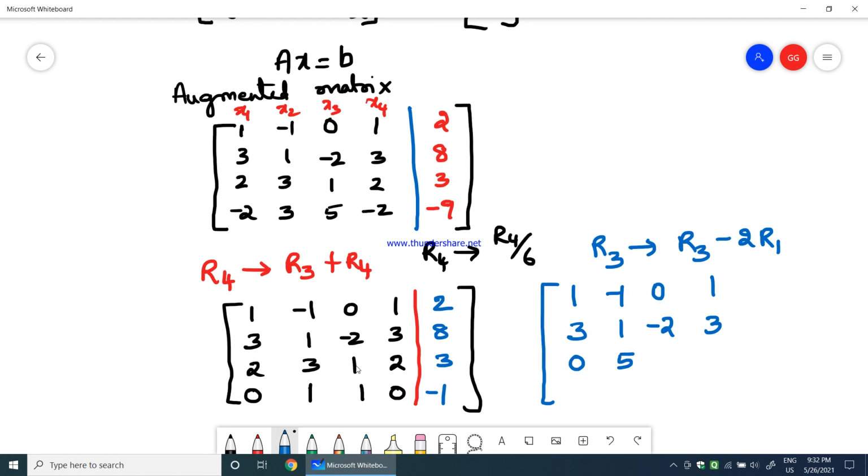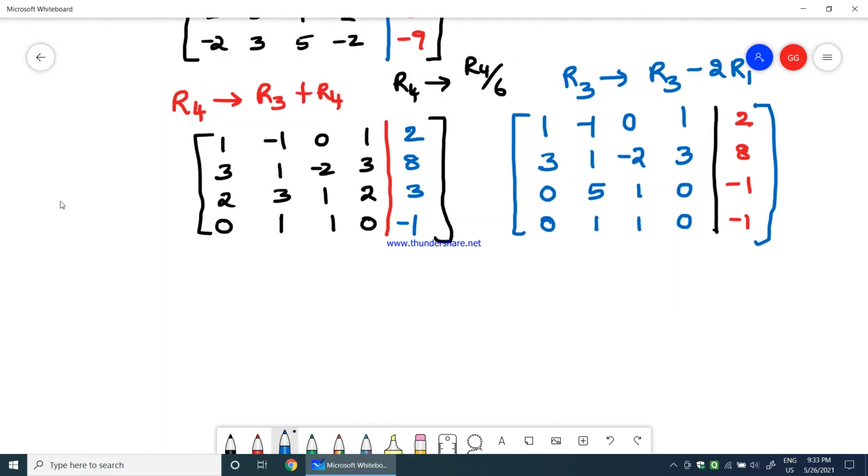Then this is 1 minus 2 into 0, this remains as 1. This is 2 minus 2 into 1, this is 0. Okay, so this is 0 5 1 0. I'll put a bar, and then what will I get? So this is 2, this is 8. Now this is 3 minus 2 into 2 is 4, so 3 minus 4 is minus 1, and this is minus 1. So this is the matrix which is reduced after applying the above row operation.